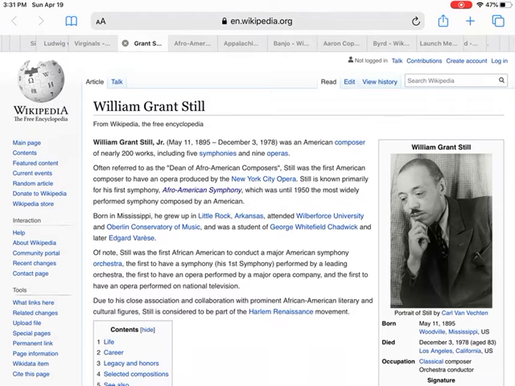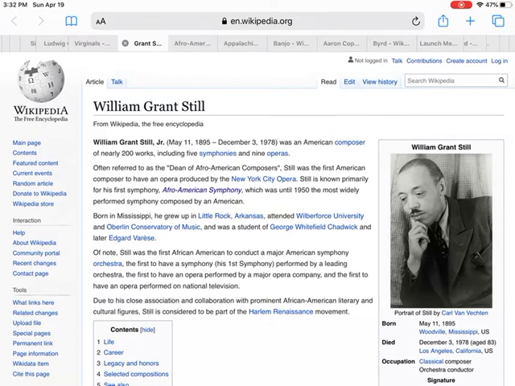Some of the writers, Zora Neale Hurston, Wallace Thurman, Langston Hughes was a poet, and William Grant Still even set some of his poetry to music, right? Remember when we listened to Pierrot Lunaire? Well, there is a poem by Langston Hughes called Black Pierrot, and William Grant Still sets that to music, right?